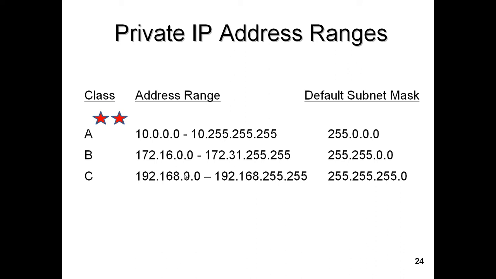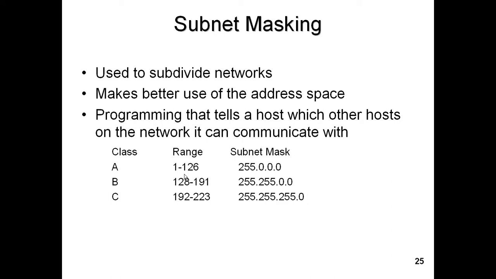Now, over on the right-hand side, you see what are called the default subnet masks. We're going to talk about the subnet masks here in just a minute. In fact, we're going to talk about them now. What subnet masks do is this is part of the addressing.